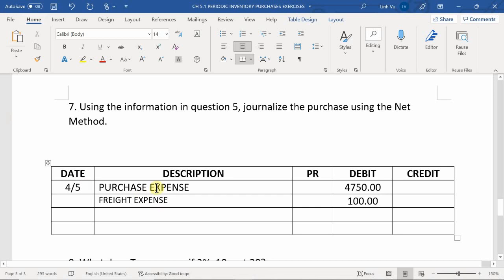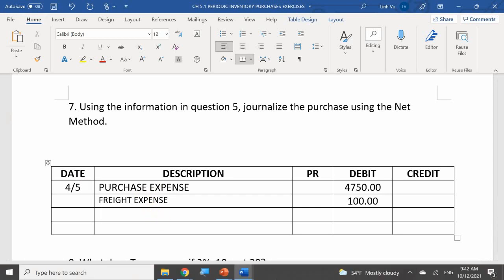Okay. Then if I owed it on account, so accounts payable, how much do I actually owe now? 4,850. Good.